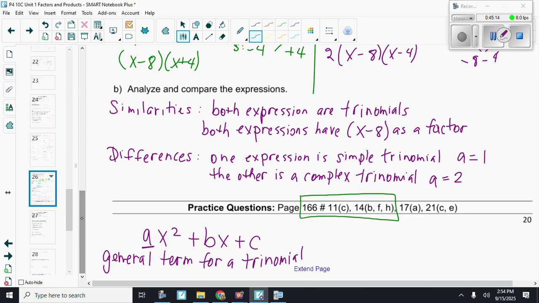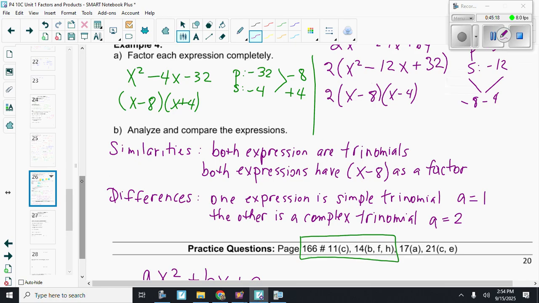How many factors did our two trinomials have at the end? Do they have the same number of factors or different number of factors? They have different number of factors. This one has 2 factors. That one has 3.